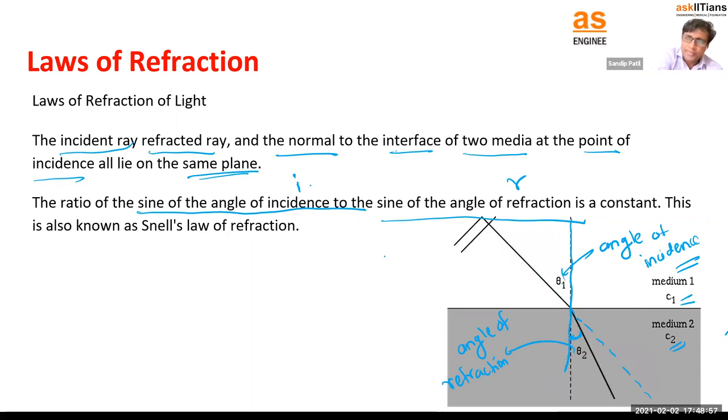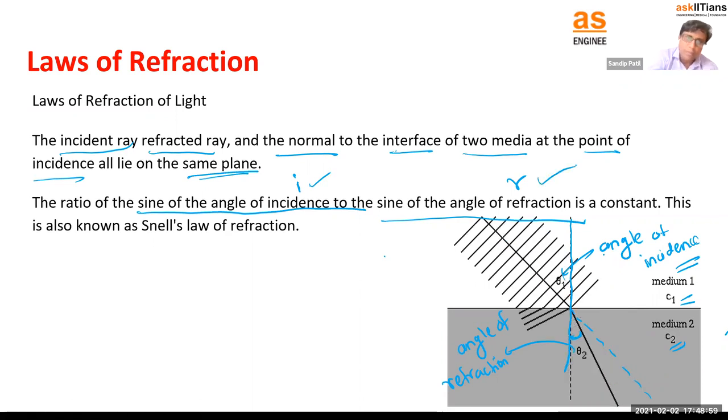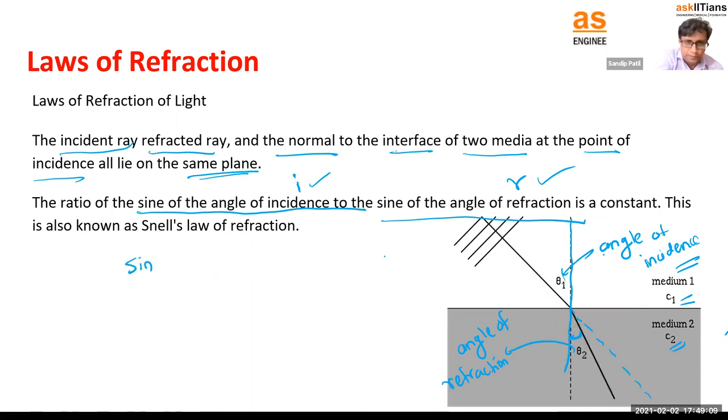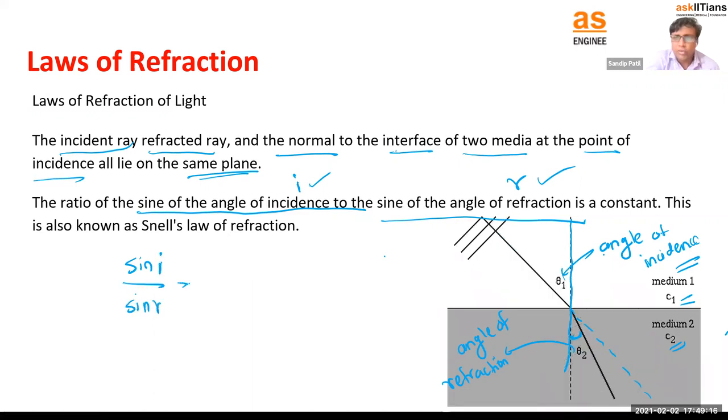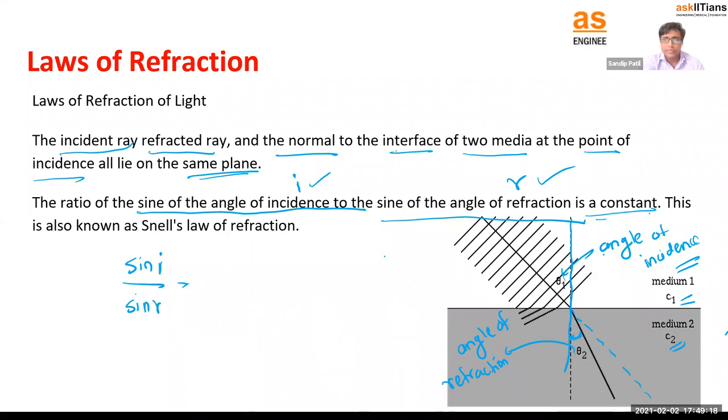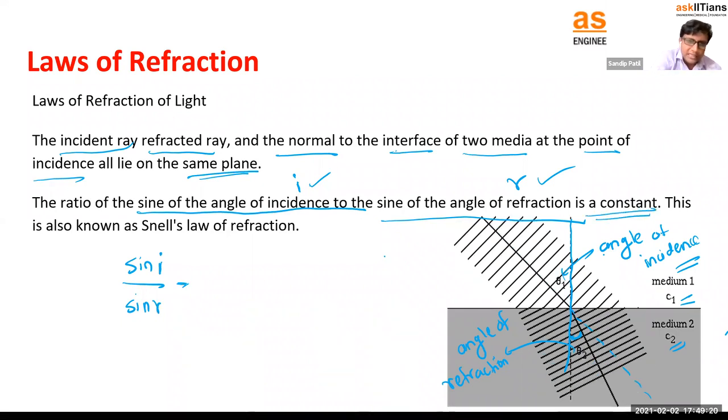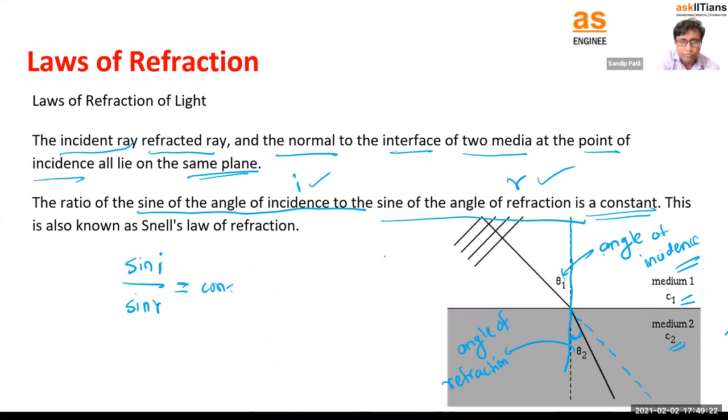So let's call the angle of incidence I and the angle of refraction R. Not only the ratio, but the sine of the angle. You must remember this trigonometric function sine, right? Sine of I divided by sine of R is equal to what? It is constant, they are saying.